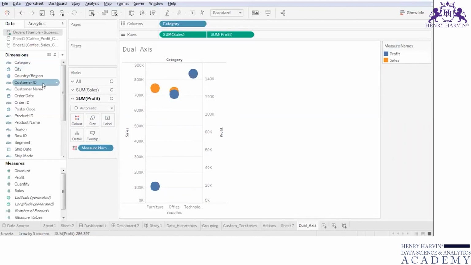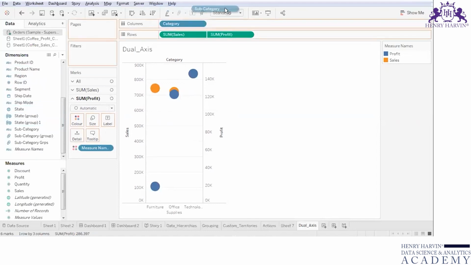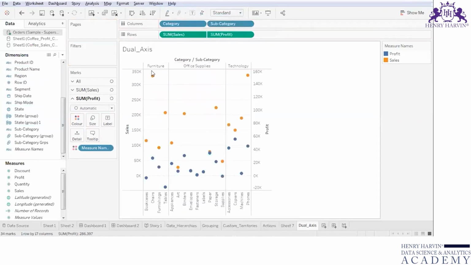Now, if I would like to bifurcate it further, in place of category, let me place subcategory. You will see that for furniture, there are subcategories which are generating losses for me. These are negative profits, meaning these are losses. In office supplies and technology, my profits are almost always positive.